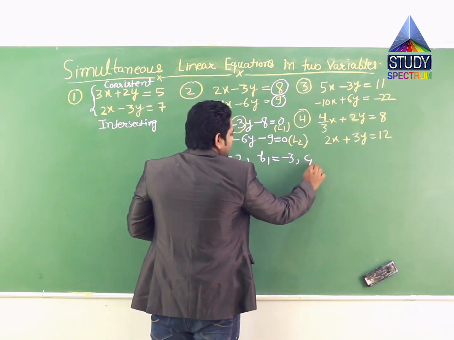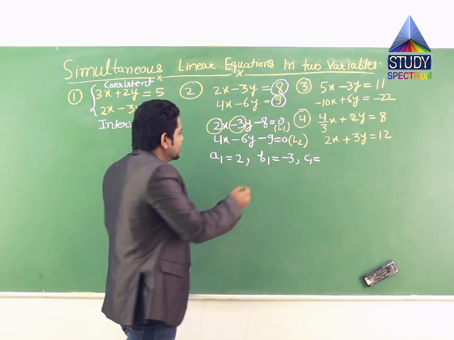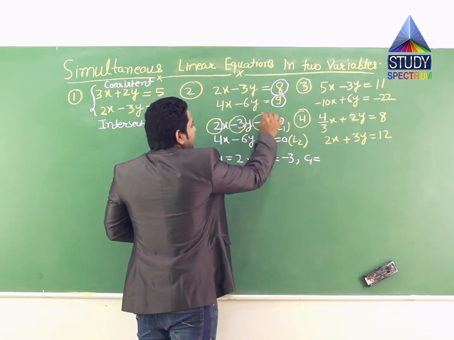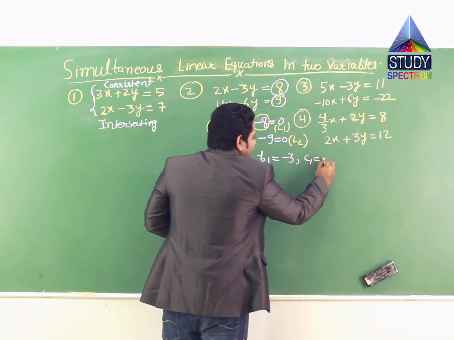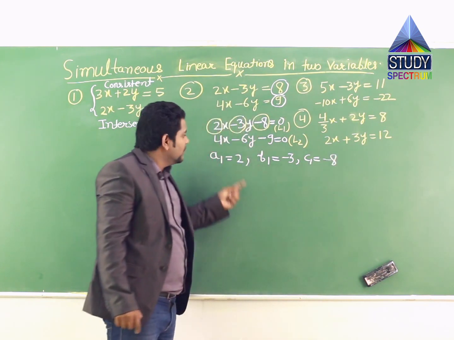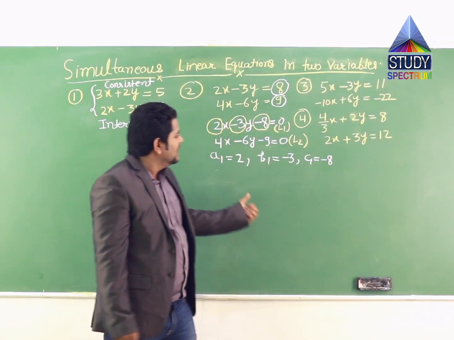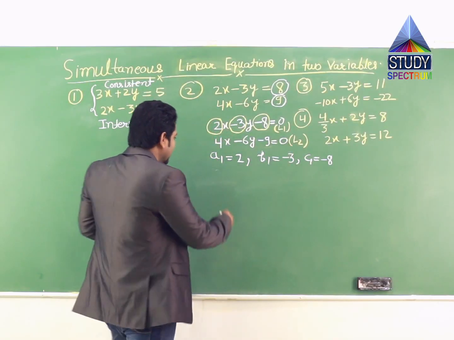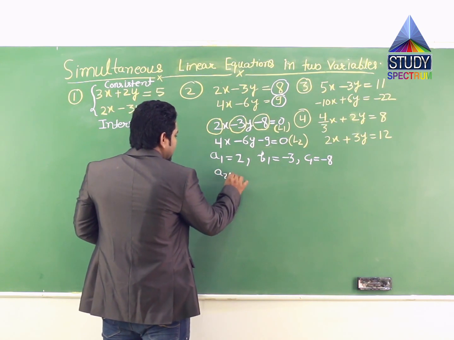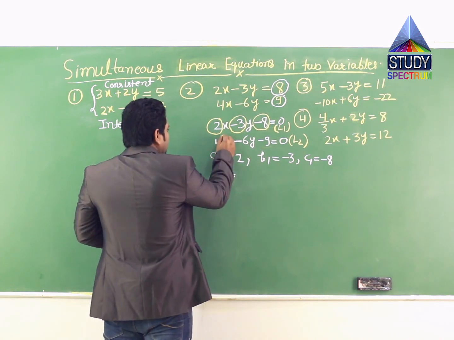C1 here is minus 8. Now come to the second line, line L2. Here A2 is 4.